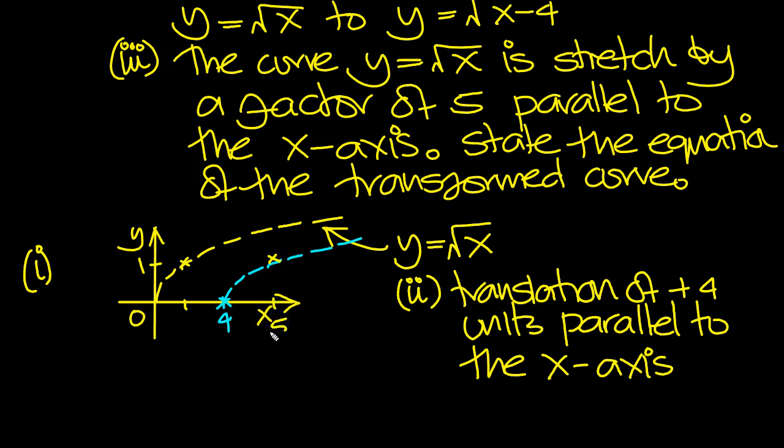So this would be 5 and 1, wouldn't it? So what curve would do that then if we stretched it by a factor of 5? Basically we're going to come out like so, aren't we? And come out really flat like that.